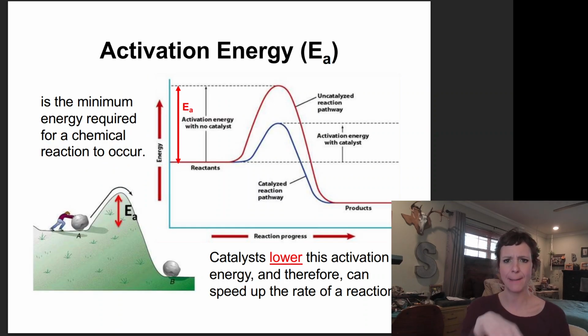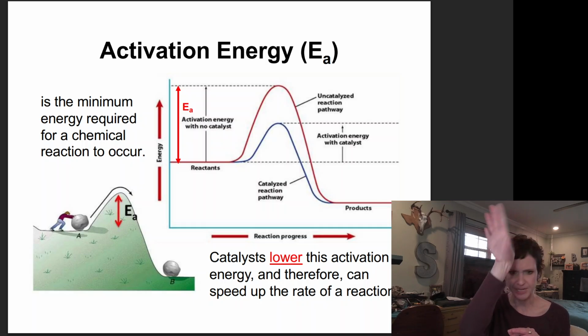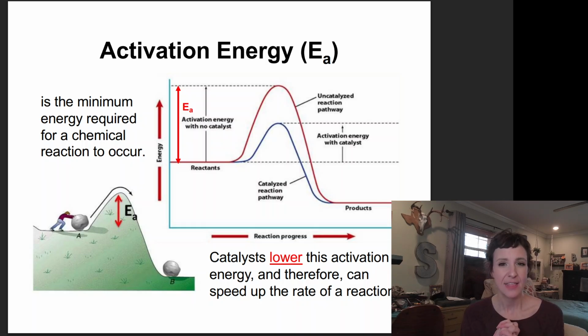Excellent. Okay, now I want to talk about what's going on with this activated complex up here at the top of all of my slides. This brings us to the conversation of activation energy. You will usually see activation energy symbolized by a capital E with a little sub A. Okay, the activation energy is the minimum energy required for a chemical reaction to occur.